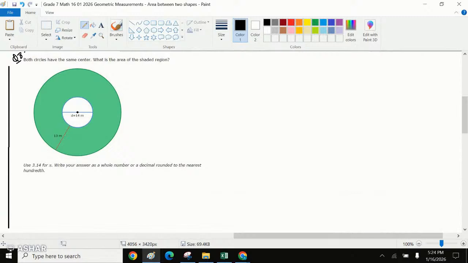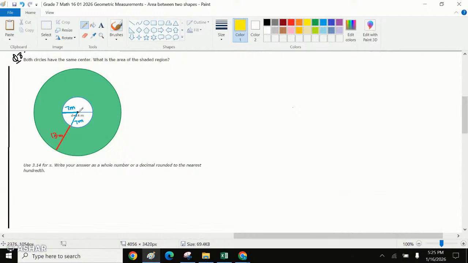Okay. So can we say that this part of the length was given as 13 meters? Agreed. And what else is given to us? The diameter is given to us. So can we say the radius of the smaller circle is 7 meters? So would this be 7 meters also?